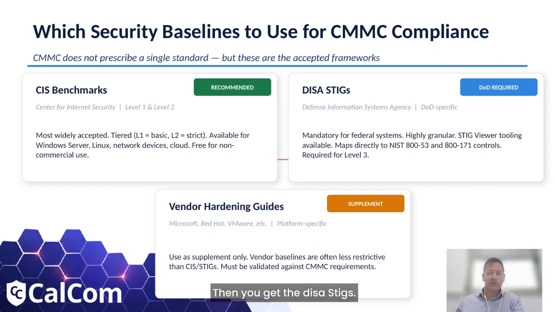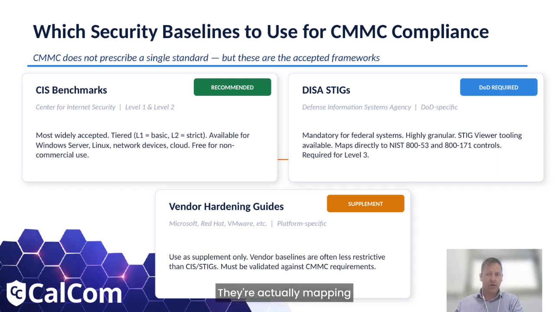Then you get the DISA STIGs. DISA STIGs are a nice to have when it comes to contractors. They are a little more strict, but these days in some of the benchmarks, they are pretty similar to the CIS benchmarks. DISA STIGs are provided by the Defense Information Systems Agency as part of the DoD, and they are enforced on all DoD-owned systems. You can use them.